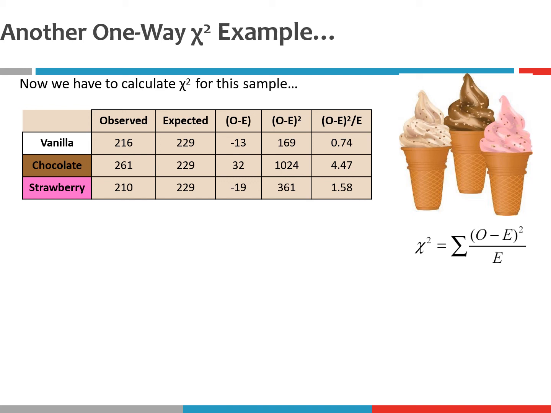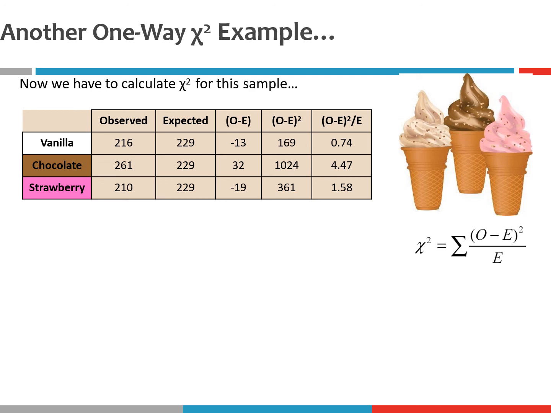If we did 261 minus 229, we would get 32. And then 210 minus 229 is negative 19, okay? And then we're going to square that difference. And then we're going to divide the squared difference by the expected value, okay? So we're basically doing everything that the formula calls for, okay, for all three groups.